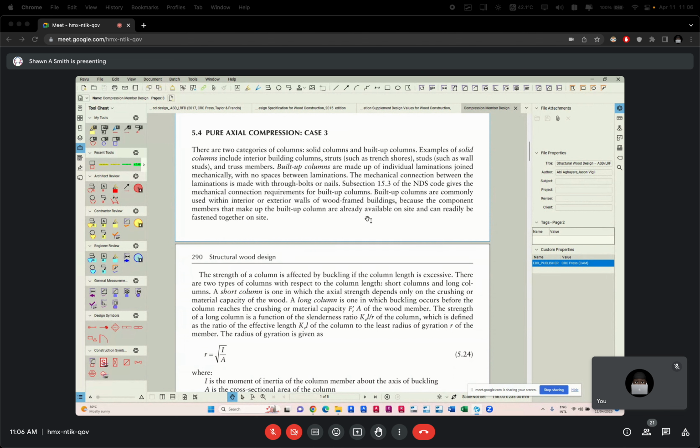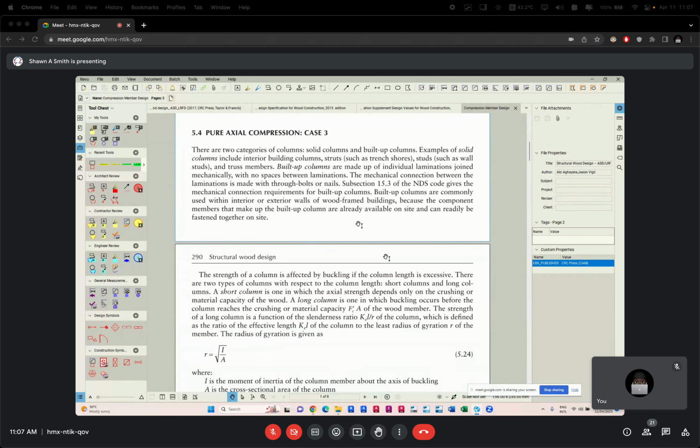It's called pure axial because the element is subjected to just axial force alone, no axial plus bending, similar to what we did in steel design. Of course we know that we can have a column subjected to axial plus bending at the same time. We're not looking at those combined scenarios. We're looking at the simple ones.